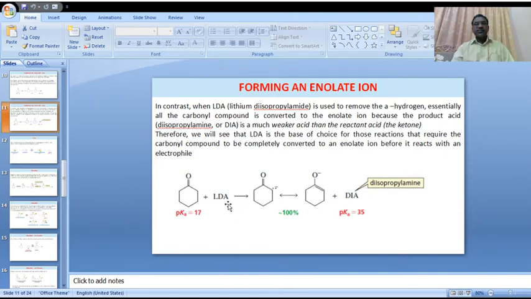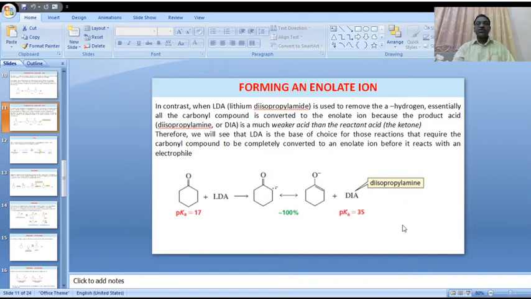LDA is the base of choice for those reactions that require the carbonyl compound to be completely converted to the enolate ion before it reacts with an electrophile. In the first step it is converted into enolate ion. Then that enolate ion reacts with some other electrophile.